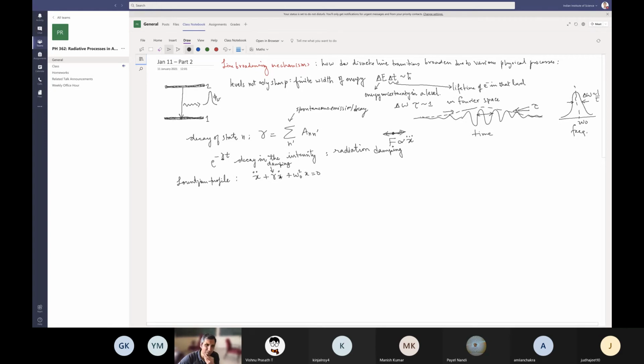It was actually x triple dot, but in the limit where omega naught is much bigger than gamma, we can write it as an x dot term. When we solve for x, it gives rise to this line profile: phi of nu equals gamma by 4 pi squared divided by (nu minus nu naught) whole squared plus (gamma by 4 pi) squared. This is the normalized Lorentzian line profile.